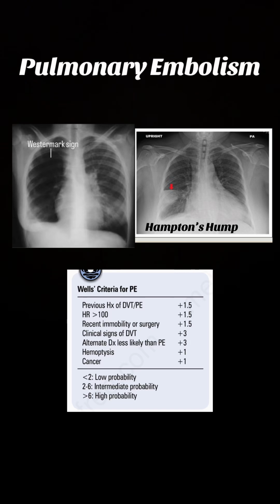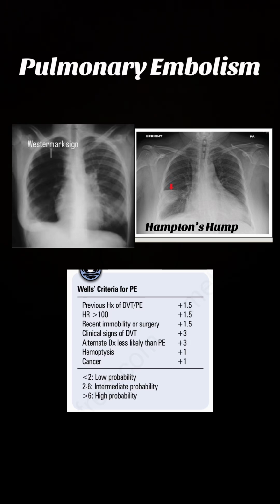Now, there is a modified Wells criteria for the probability of having pulmonary embolism. If it's more than 4, it denotes that pulmonary embolism is likely, but that has to be confirmed with certain diagnostic tests. So first of all, remember the modified Wells criteria, that is very high yield.